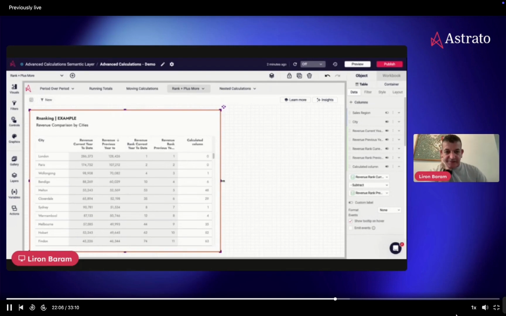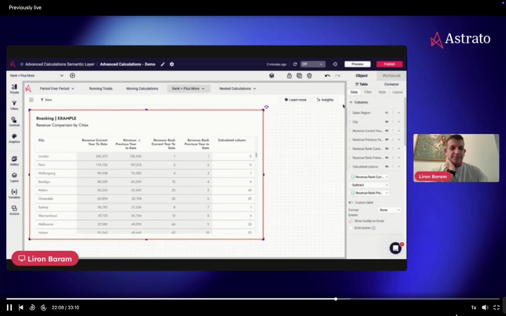And so what we see now is, for example, let's do it by ranking, just a second.